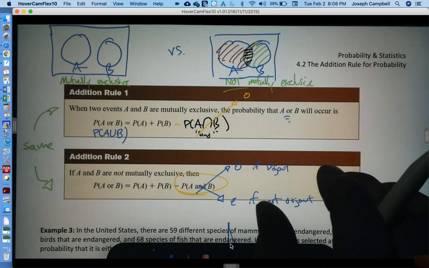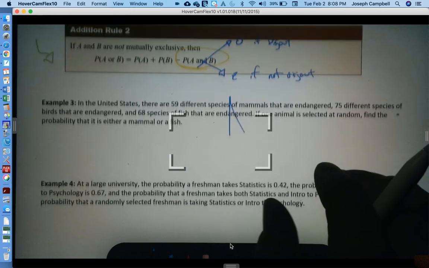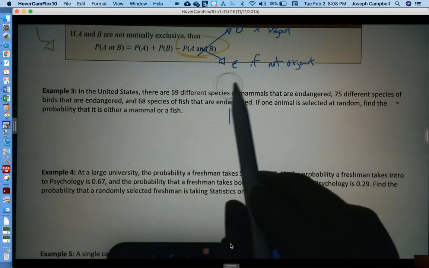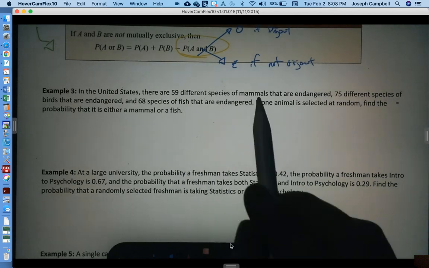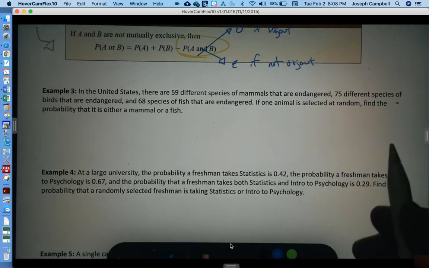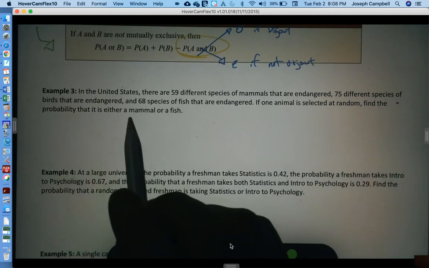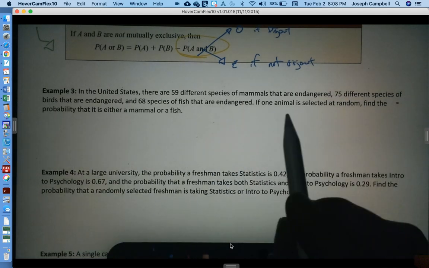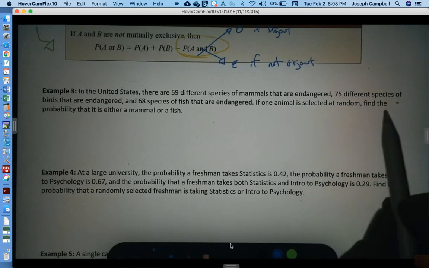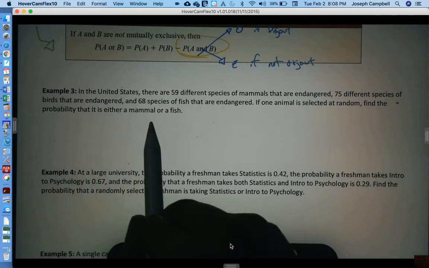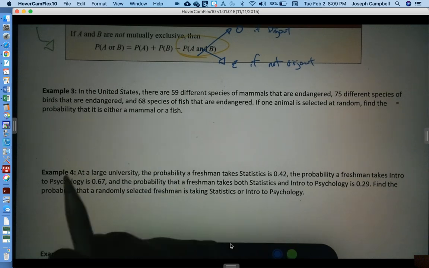Okay, so let's go ahead and take a look at an example. In the United States, let me get rid of this first real quick. There are 59 different species of mammals that are endangered, 75 different species of birds are endangered, and 68 species of fish that are endangered. If one animal is selected at random, find the probability that it is either a mammal or a fish.